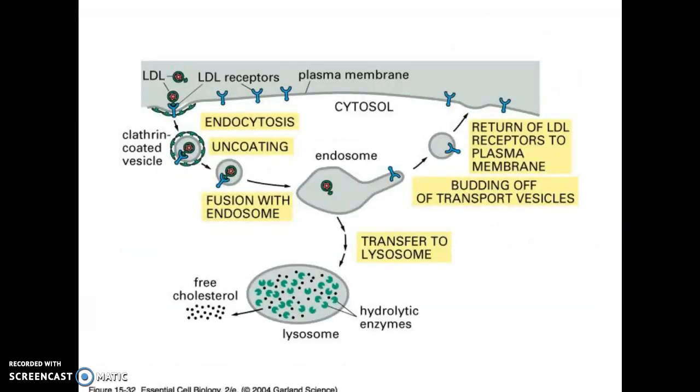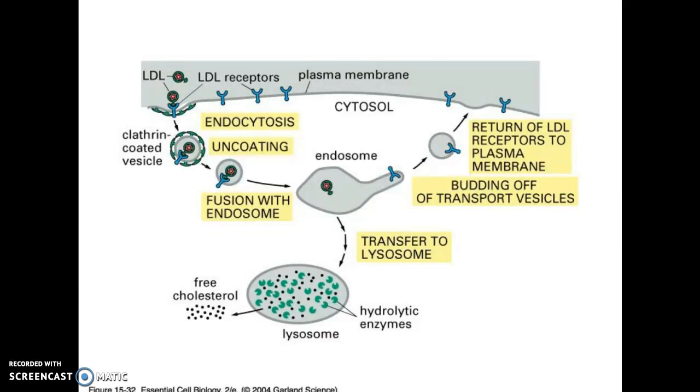Very often when you bring something in using receptor-mediated endocytosis, the clathrin-coated pit becomes a clathrin-coated vesicle, and then it decoats.